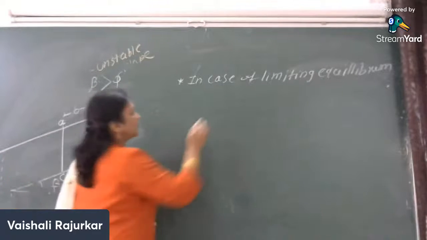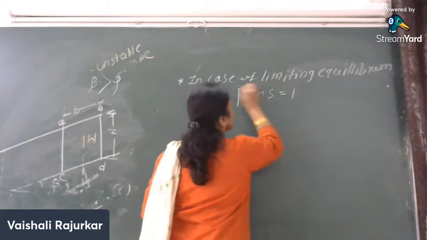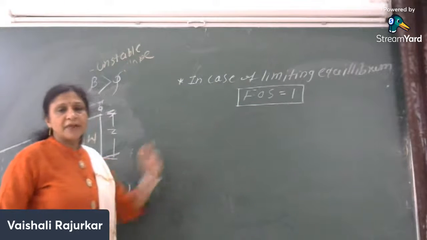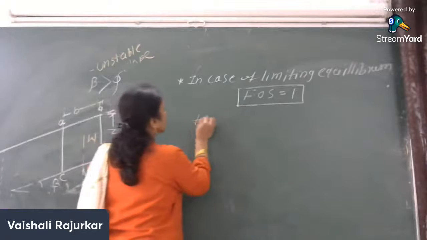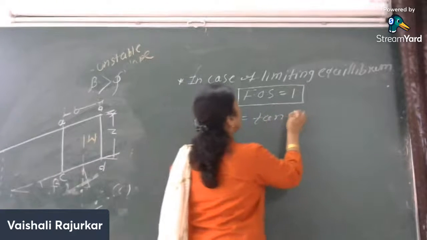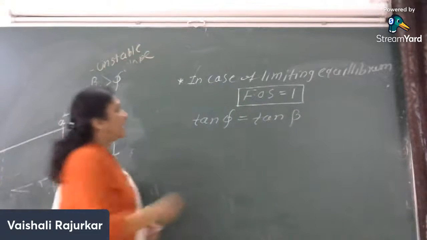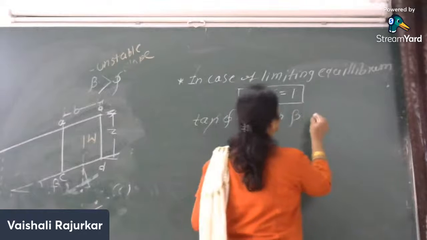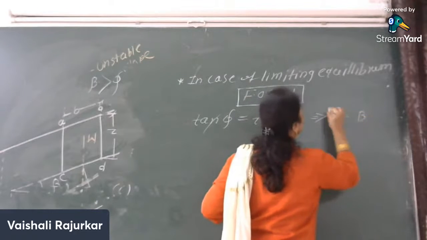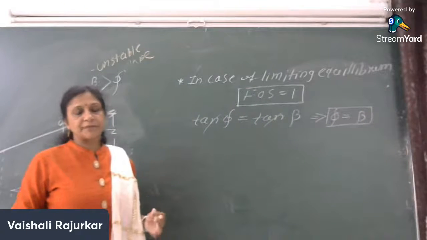In limiting equilibrium, the value of factor of safety is 1. So in this case, when your factor of safety is 1, tan phi is equal to tan beta, and when we cancel the tan, it will be phi is equal to beta, where the factor of safety is 1.